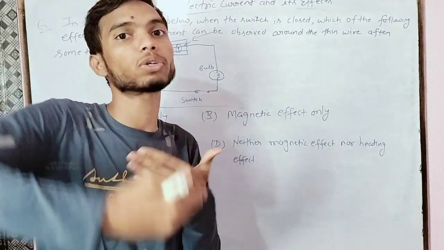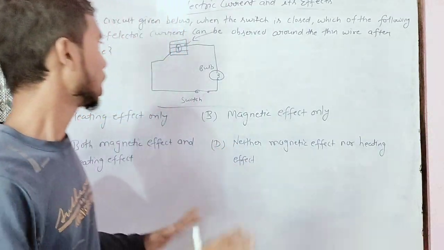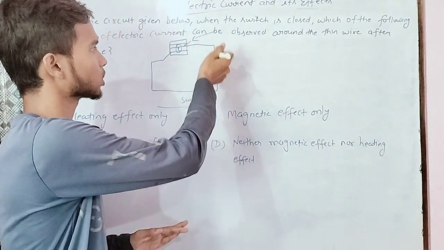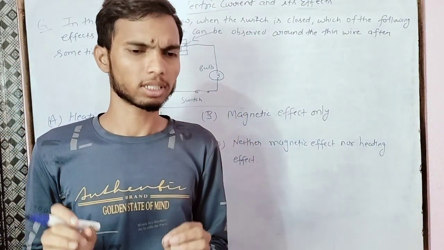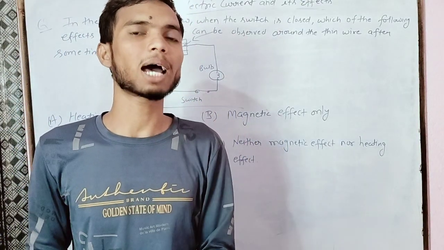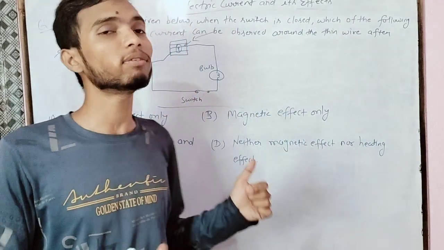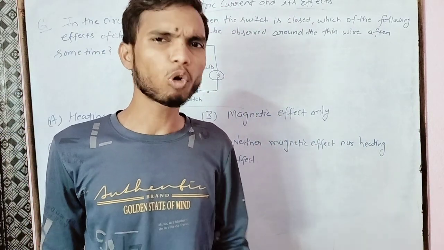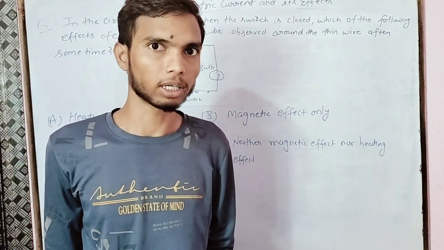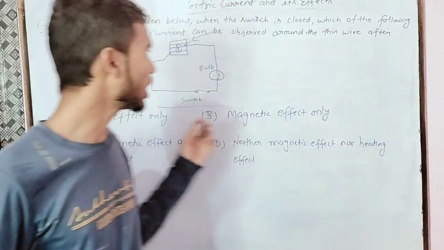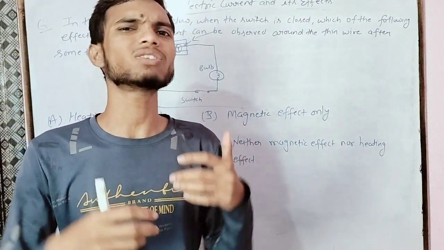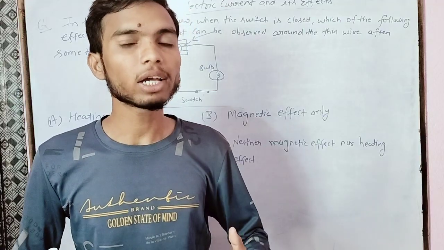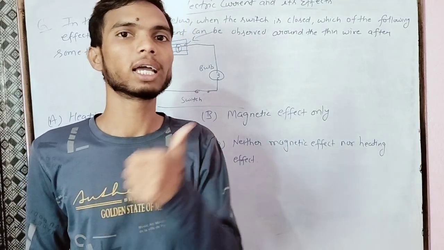Now, of course, after some time this wire will also have a heating effect. But let's say the length of this wire is small, then it will take a long time to show the heating effect.